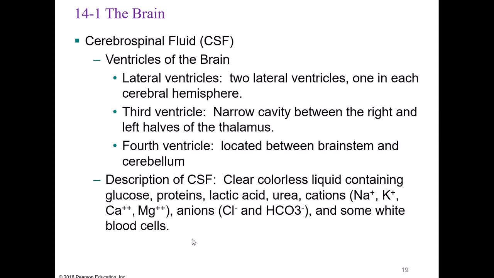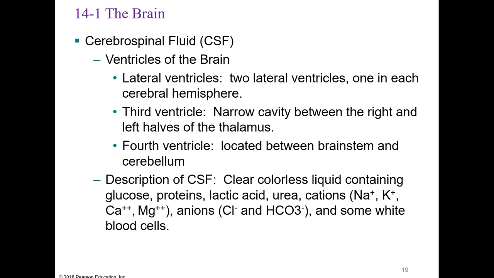If we were to analyze cerebrospinal fluid, we would see that it's a clear, colorless fluid. If you held it up to the light, you'd be able to look right through it. It contains normal things: glucose, proteins, some lactic acid, a little bit of urea, which is a waste product, and some positively charged ions like sodium, potassium, calcium, even magnesium.